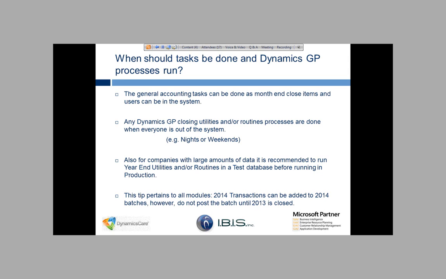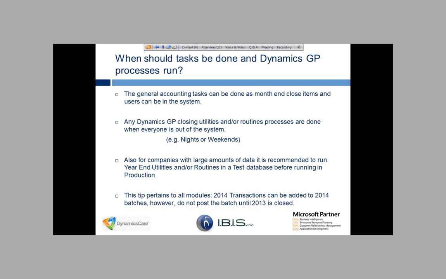It also impacts certain fields on the SmartList. There's a large conglomerate of different fields this can impact. So it's always a good idea for those 2014 transactions to be held in a separate batch until after the 2013 close.